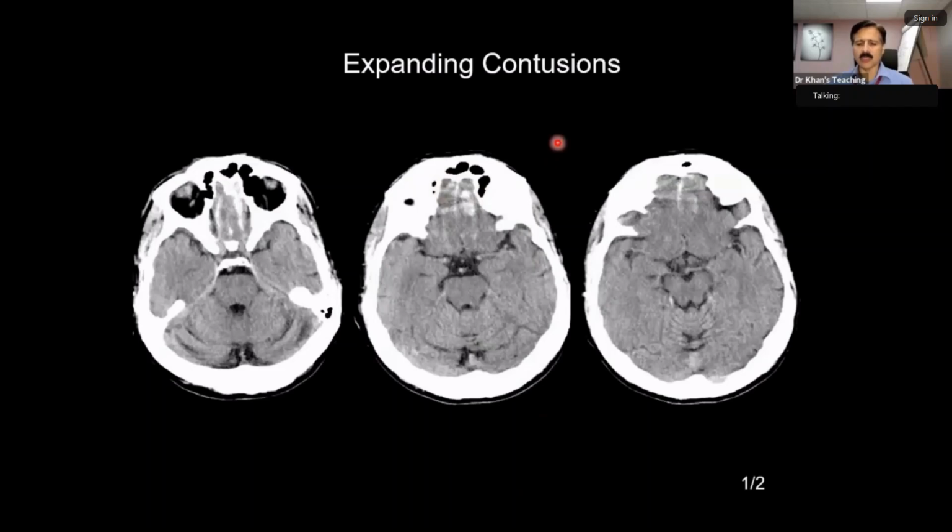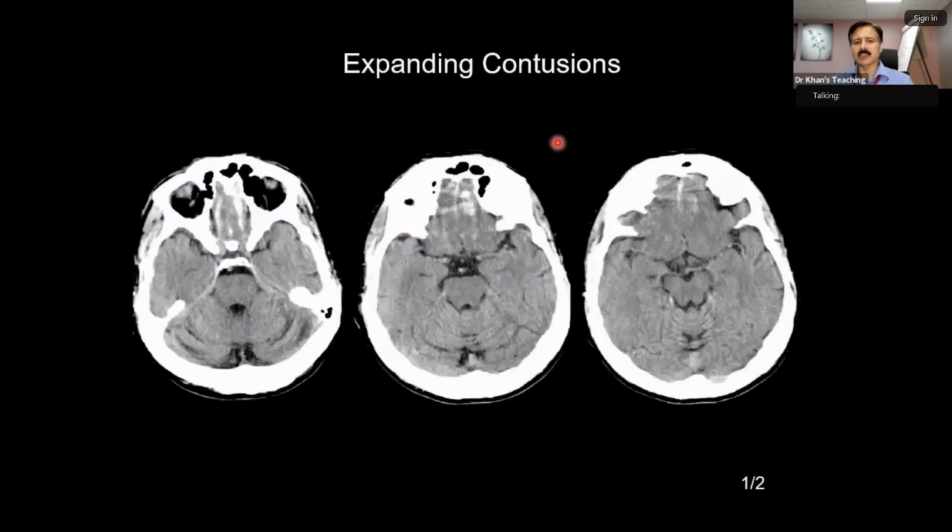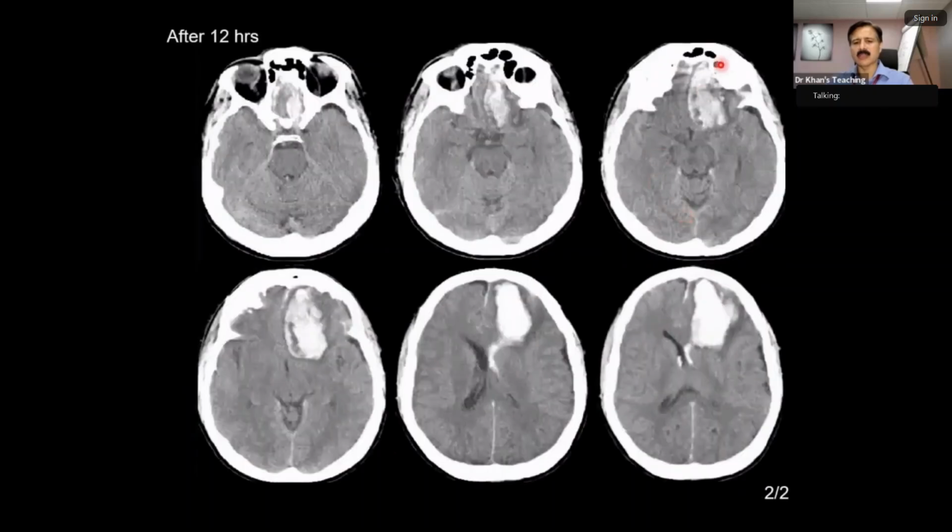At 6 o'clock in the morning, the patient has deteriorated neurologically, and the clinician wants a rescan. Don't refuse it. Do it, because things might have changed. So remember this concept. This patient, after 12 hours, this was the subcortical contusion, subfrontal, and then it has become such a large parenchymal hematoma, it goes into the ventricle.